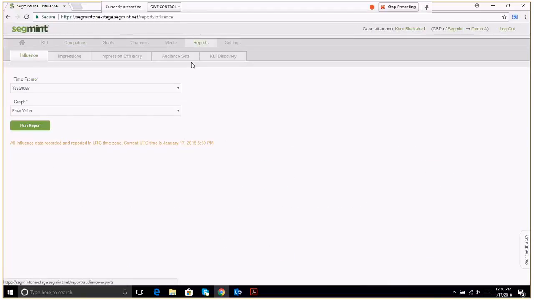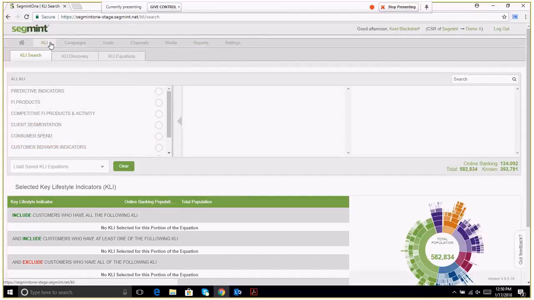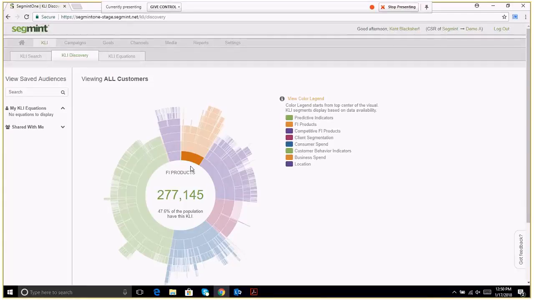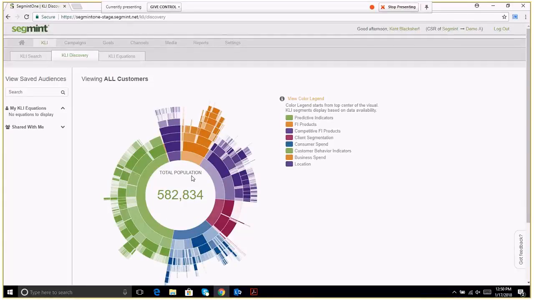But I bring this all to life just to really show you that for many institutions, it's the first time they can visually see their data. They can actually create audiences and equations and scenarios based upon what their members are doing, not what they think their members are doing, but tangibly what their members are actually doing and what is next in their members' lifestyle.